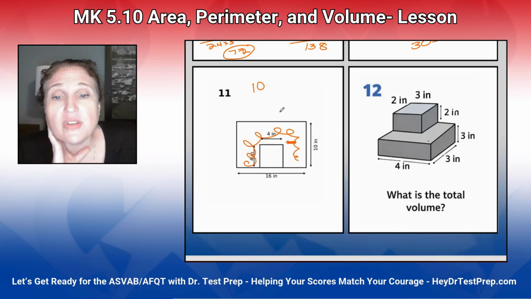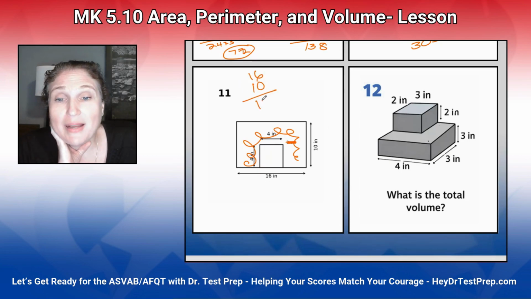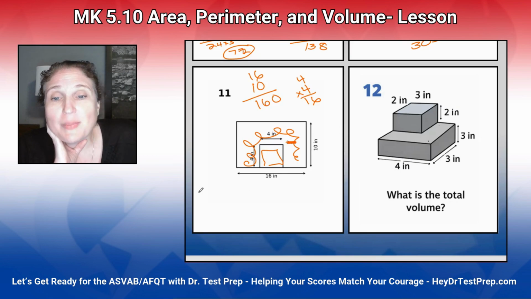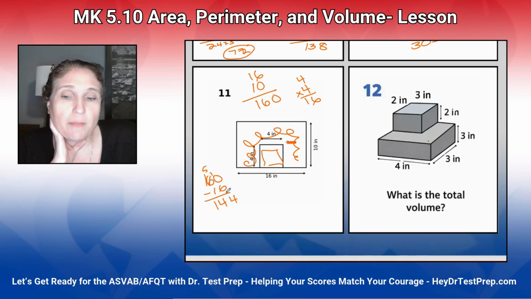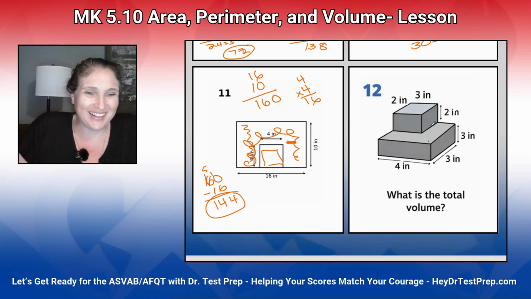Okay, so here we've got 10 times 16 tells me the big box is 160. My little box is 4 times 4, which is 16. So if I'm subtracting this box out, 160 minus 16, gotta borrow, gives me 144. So the area of this horribly shaded region is 144.